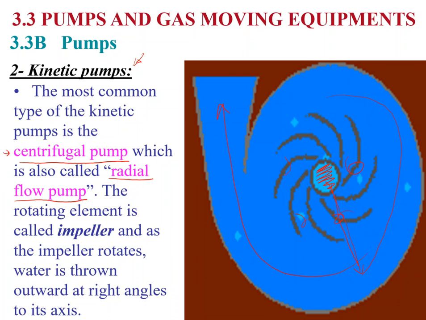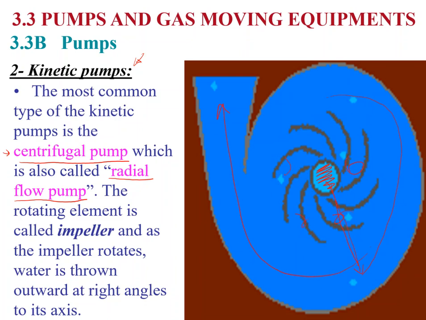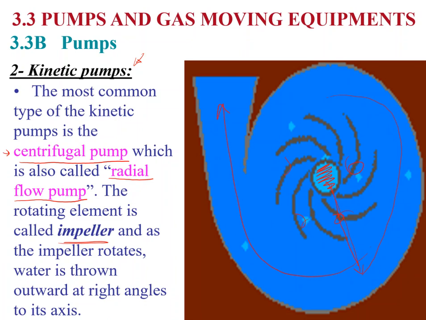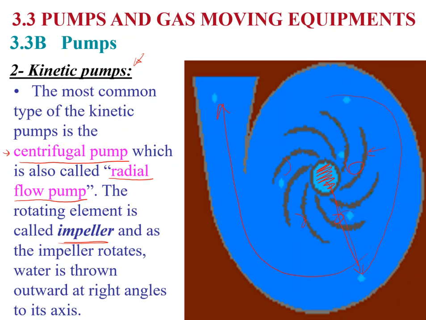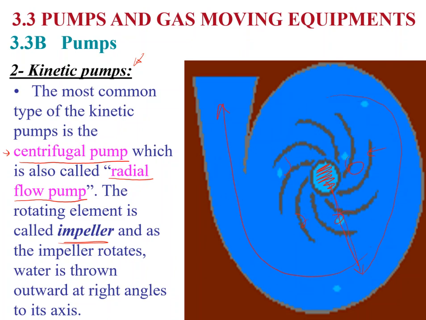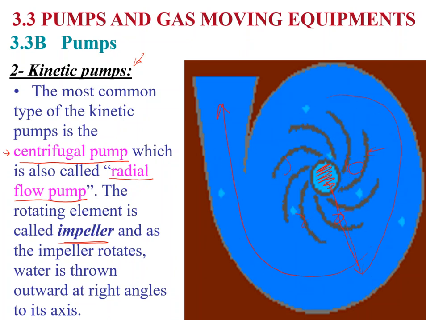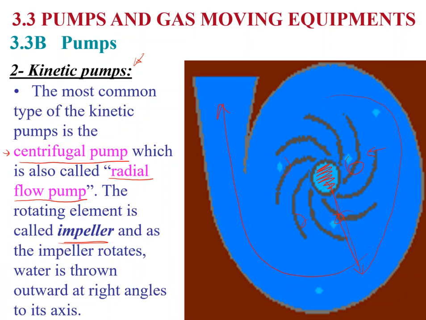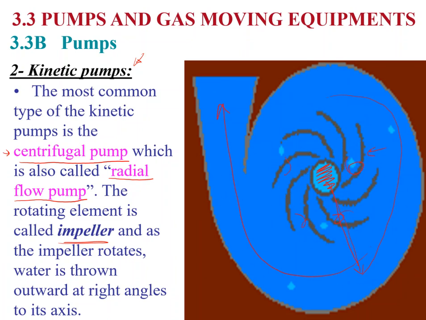So it is coming from the eye, going in the radial direction, and then pushed out from the pump. The rotating element is called the impeller. In the previous type, the rotary, we called them the gears, and here I'm calling this the impeller. It is moving the fluid.